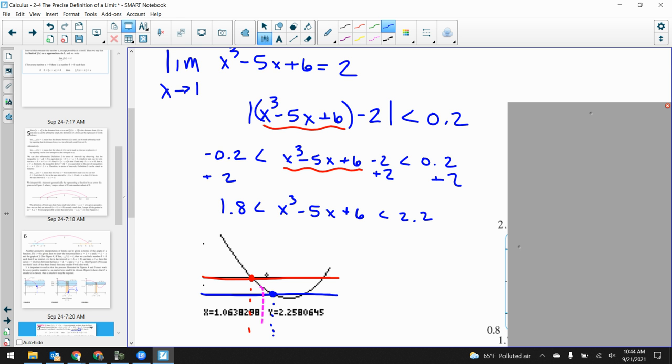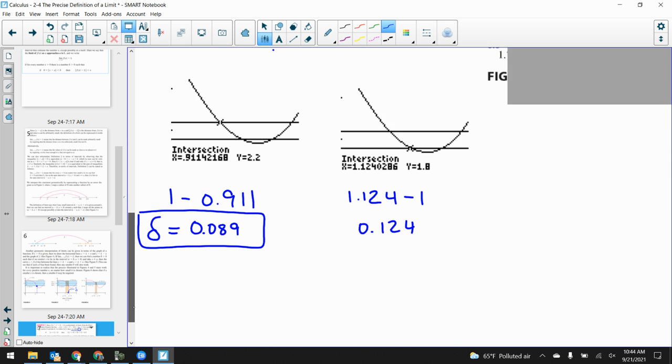Now, you're choosing one value of delta. That's why I didn't choose this, because I need to choose a singular delta value which is going to make me fall between those two epsilon values. That's why I choose the closer one. If I chose the bigger one, that would give me outside my boundary on the other side.